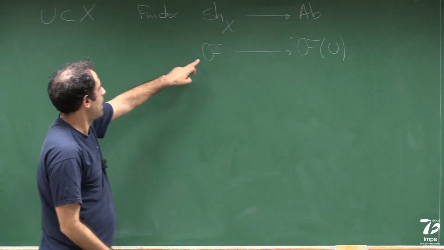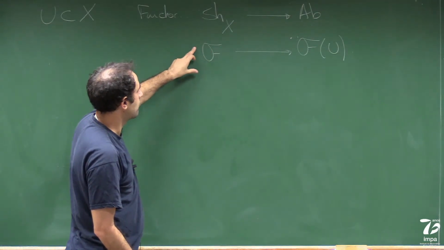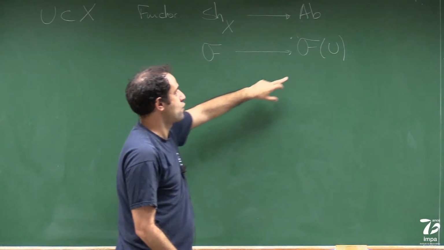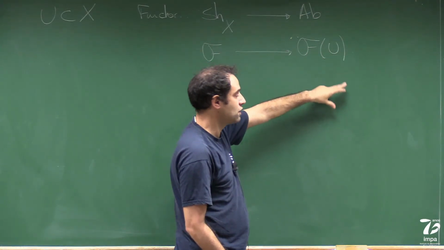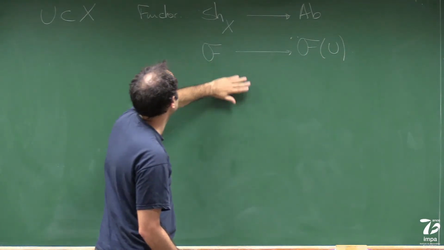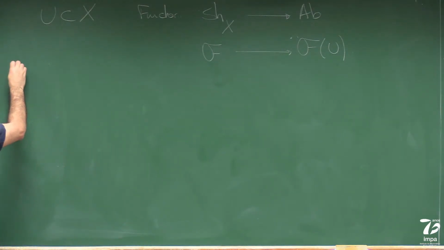If you give me a morphism from F to G, then for U in particular, you're going to get a map from F of U to G of U. So this is a well-defined functor from sheaves to abelian groups. This is a representable functor.